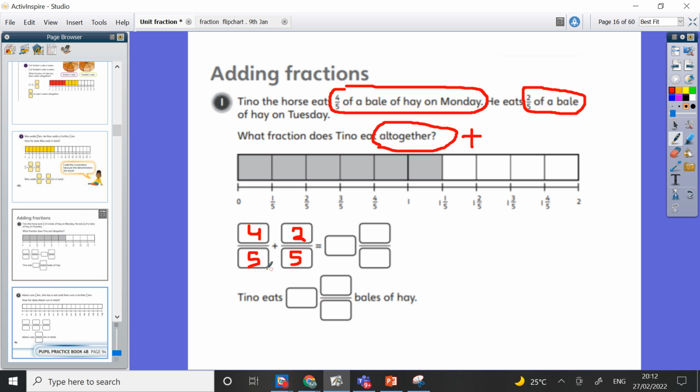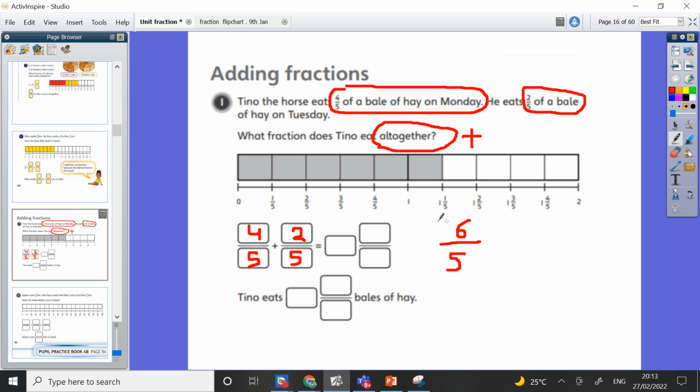If you remember, when we add fractions with the same denominators, we never add the denominators. We only add the numerators. We add 4 and 2, which is equal to 6, and the denominator will never be added when we add fractions. That will be 5 as it is.